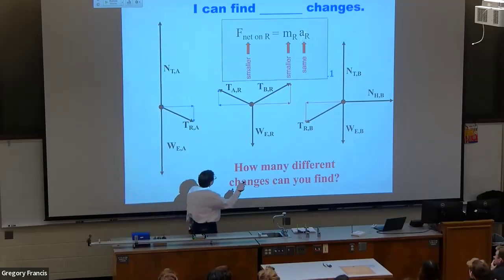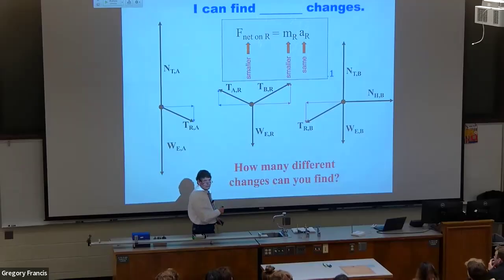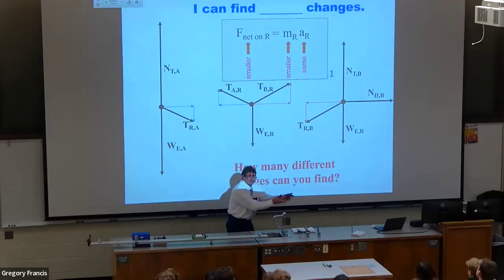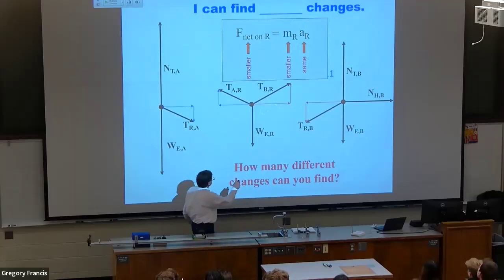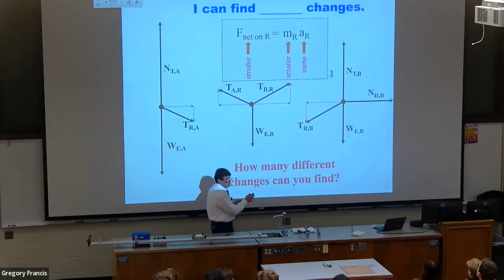The acceleration of the rope or string doesn't change. That stays 3 meters per second squared. But the mass of the rope suddenly changed to a tiny, tiny mass of a string. And that means that the net force has to get smaller. I don't need as much net force to accelerate a tiny string as I do to accelerate a heavy rope. So this one has to get smaller. So we were at 5. This makes 6. We're up to 6.